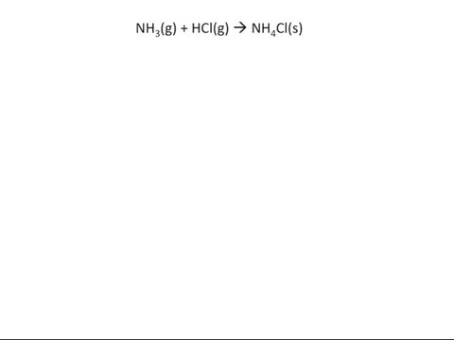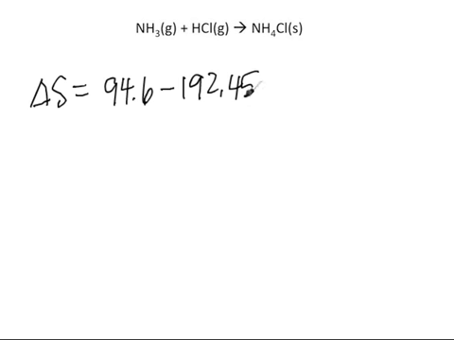Now let's calculate the delta S. So for delta S, we have 94.6 for ammonium chloride minus 192.45 minus 186.91. The 186.91 corresponds to the hydrogen chloride gas, and then the ammonia corresponds to 192.